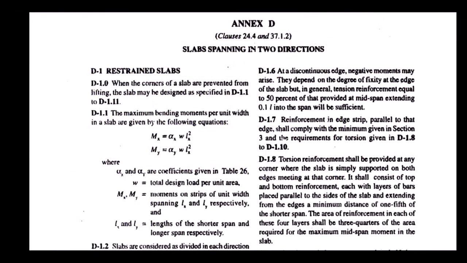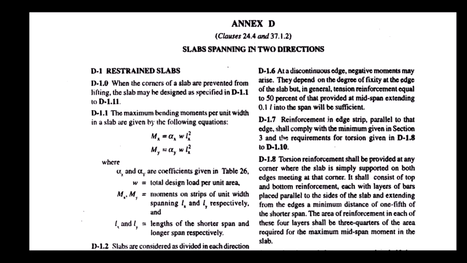So where is Annex D of IS 456/2000? As per clause number D-1.1, the maximum bending moments per unit width in a slab are given by the following equations: Mx for shorter span is equal to alpha x w Lx square, and My, moment for longer span, is equal to alpha y w Lx square, where alpha x and alpha y are coefficients given in table number 26.